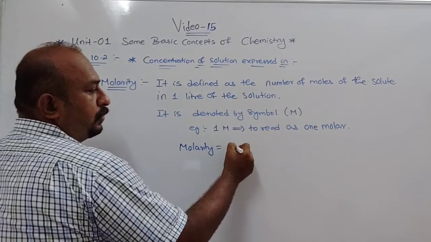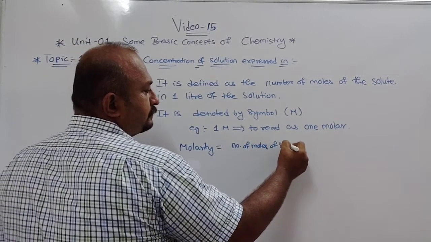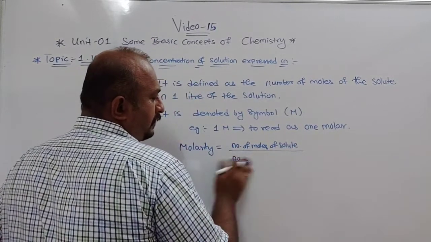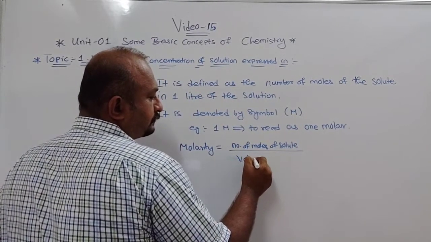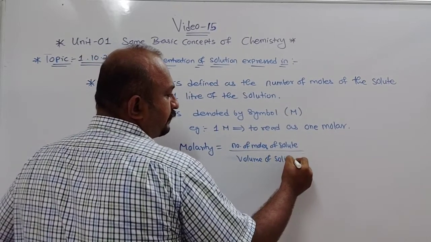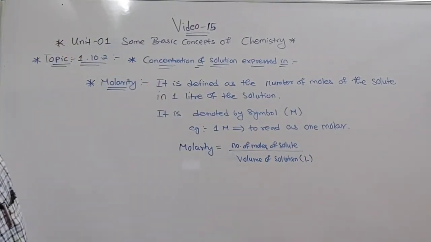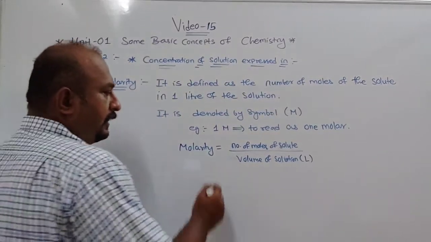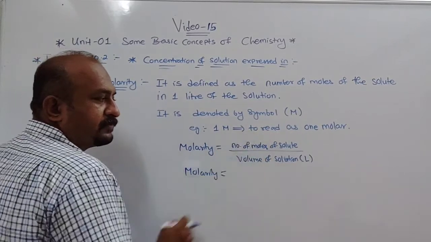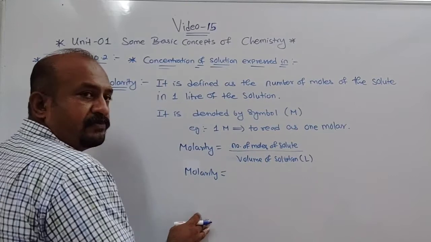Molarity is equal to the number of moles of solute upon the volume of solution in liters. Clear? You can also write this formula another way. The number of moles of solute I will change into a formula.